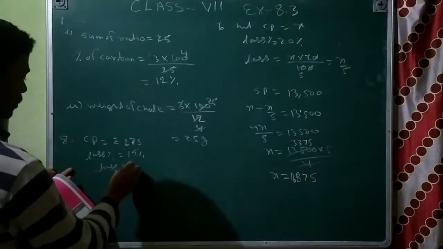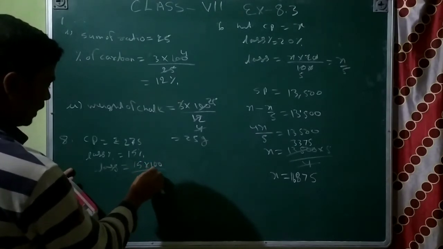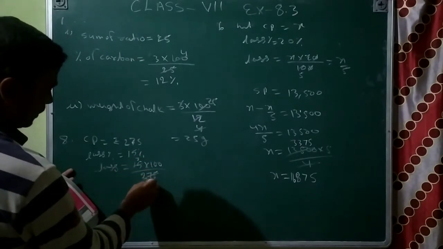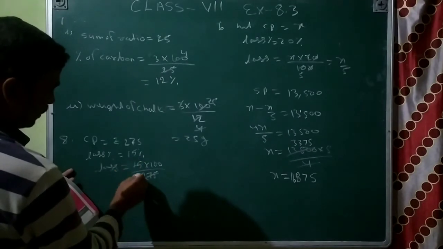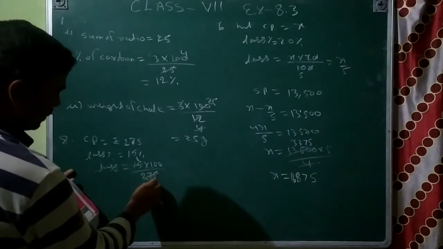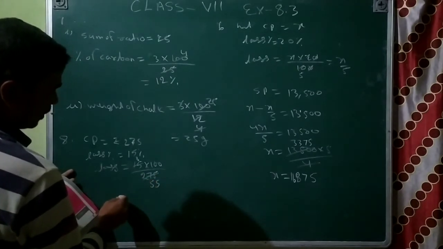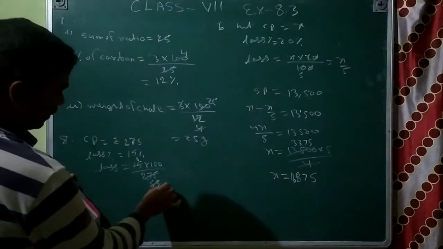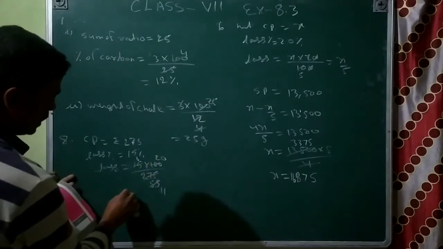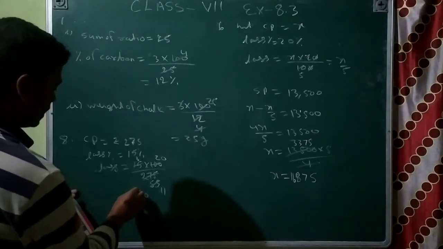15 into 100 upon CP. CP means 275. So 5 3s are 15, and then 5 5s are 25, and then again by 5, 5 11s are 55, and then 5 2s are 10, that is 60 upon 11 rupees, that is loss.